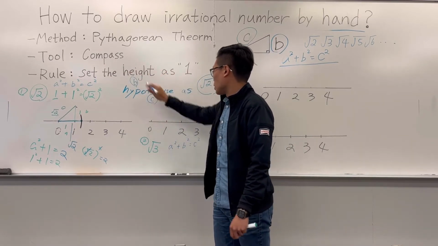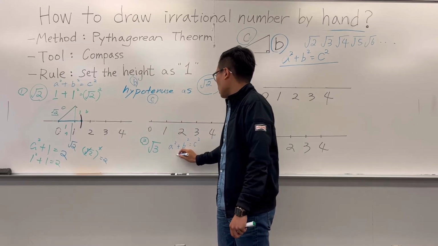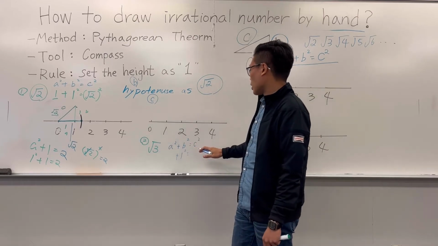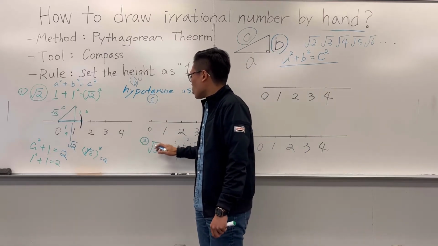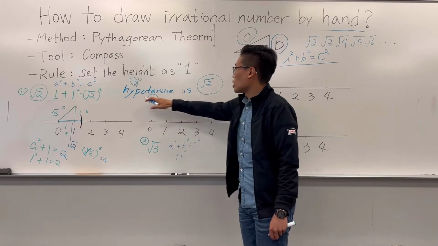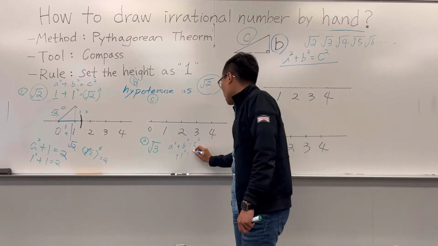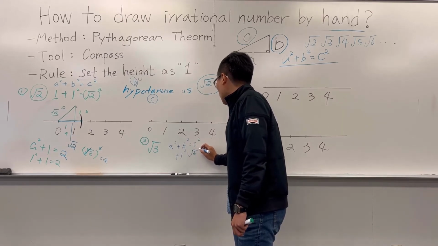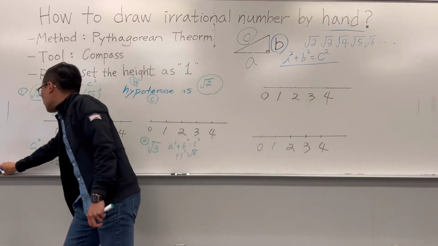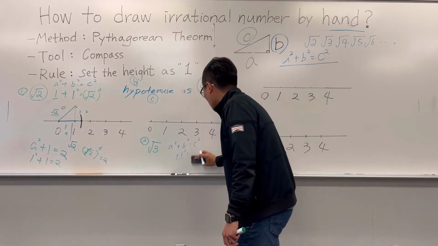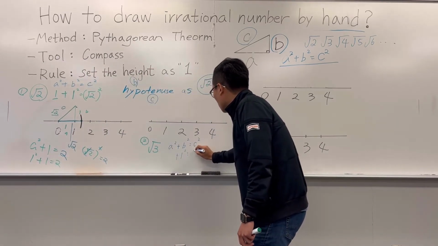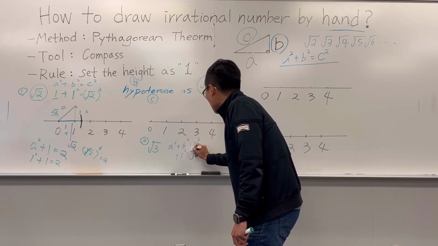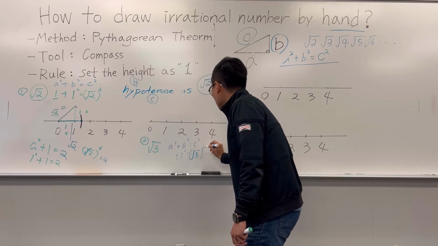That means b is 1, right? Squared. And then I set the number you are going to draw at c, which is the hypotenuse. So I put this number, the square root of 3, and the square, put down squared.